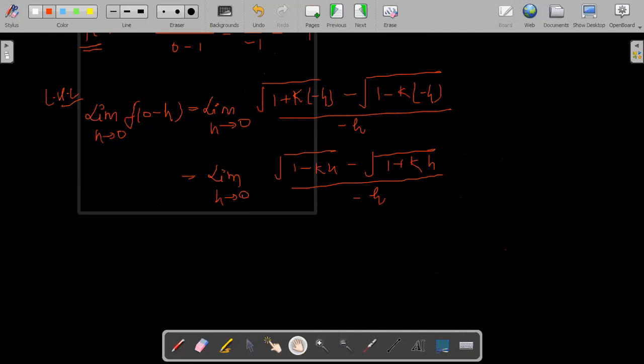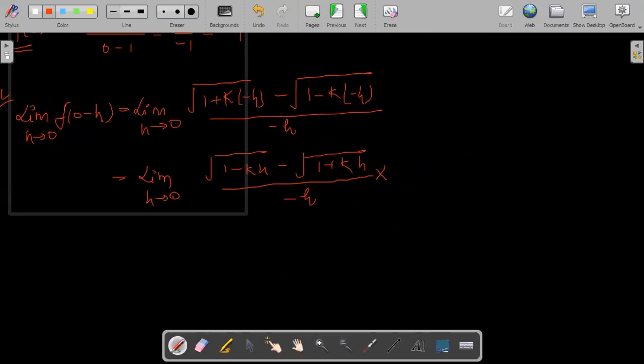That means 1 minus 1, that is 0 divided by 0. So 0 upon 0 we are getting. So there are certain methods by which we can solve this kind of question, in which rationalization is one of those methods.